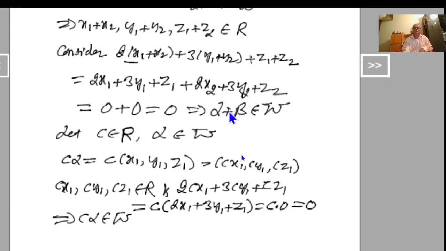First we have proved that alpha plus beta belongs to W, and then we have proved that C alpha also belongs to W. This implies W is a subspace of V3R.